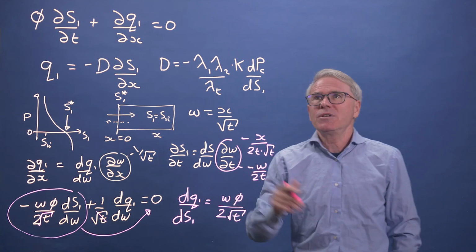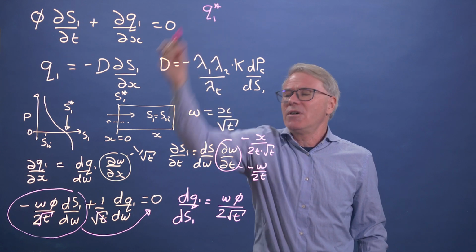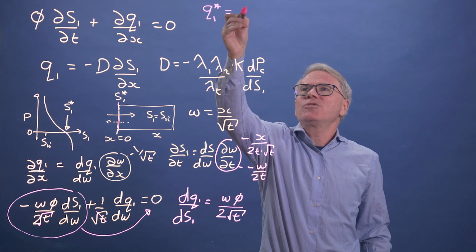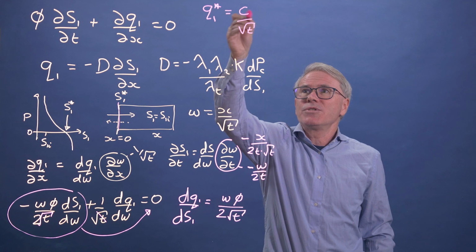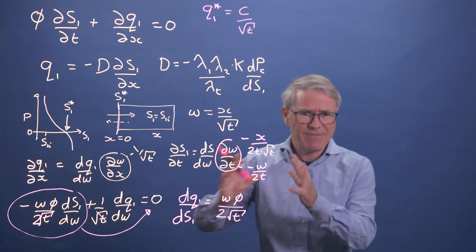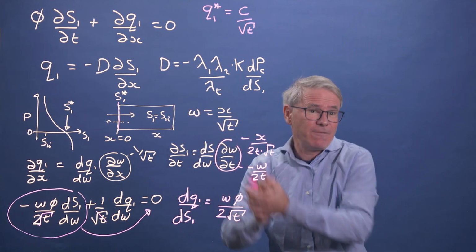So I'm going to assume that at the inlet, Q1 star, the imbibition rate is some constant divided by root t. Now people say, well, yeah, but at t equals 0 it's infinite, but it does integrate. It must scale as 1 over root t in a diffusive process.